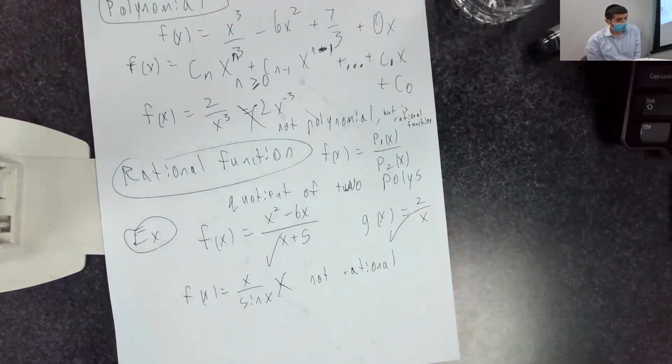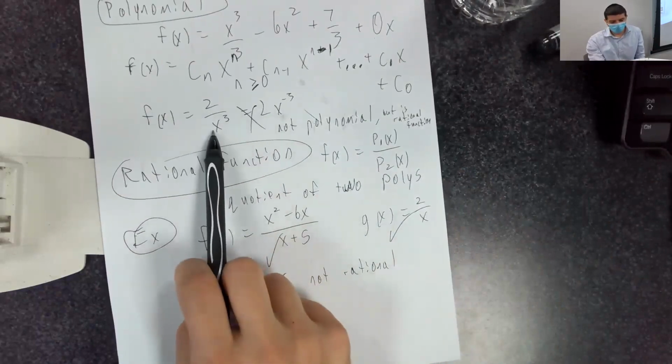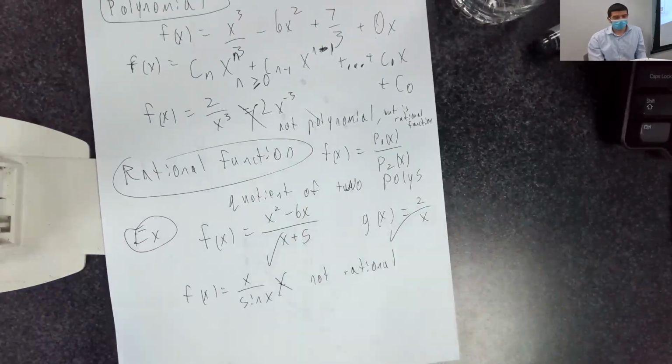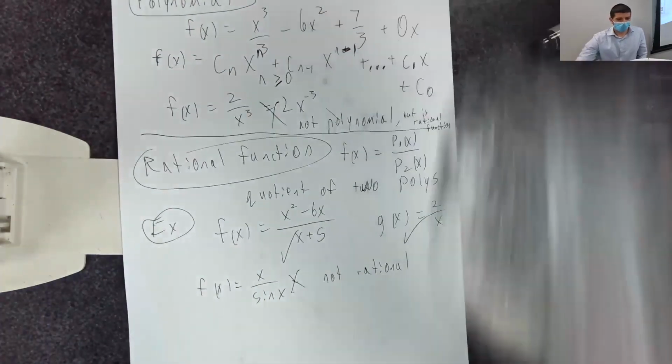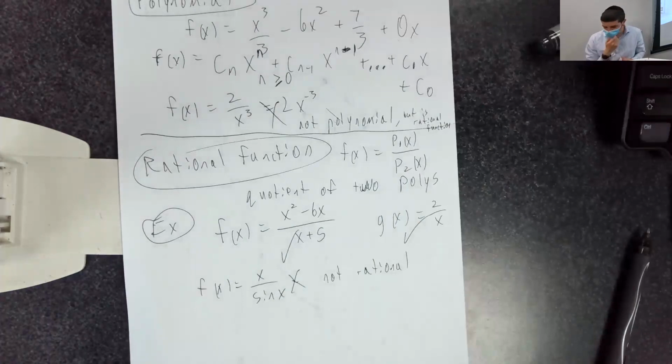So both of them are rational functions. They're not polynomials, because a polynomial means just the numerator is a polynomial. But they are rational because the denominator is allowed to be a polynomial. Yes, they are both in the same category. It's just the terminology so that when you see them.